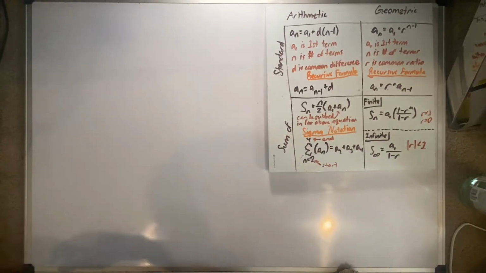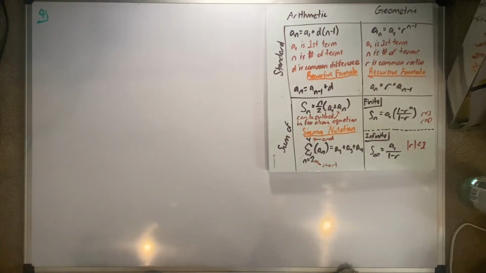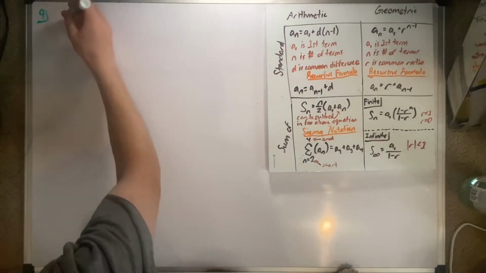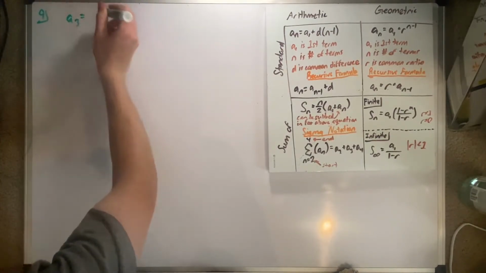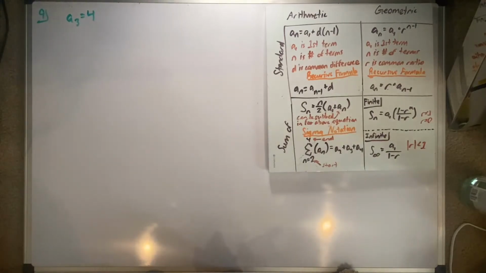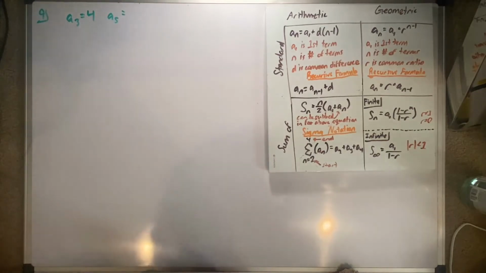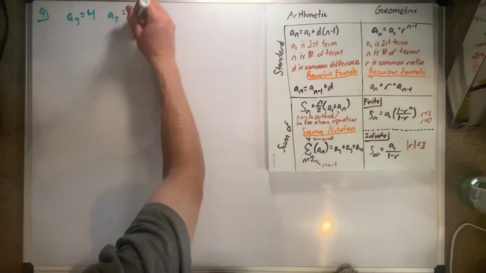Now, let's do number 9. Number 9 says, in a certain geometric sequence, a_3 is equal to 4, and a_5 is equal to 10.